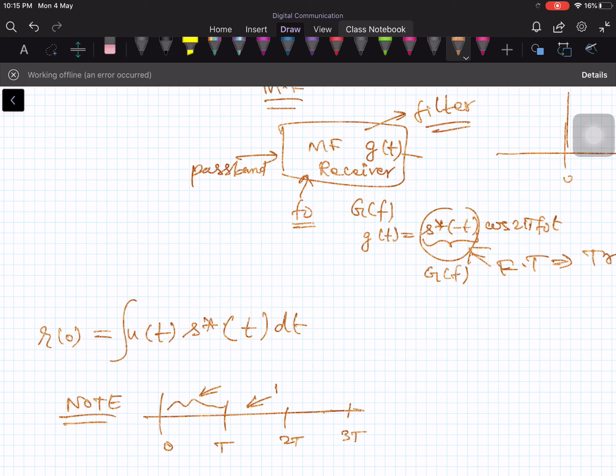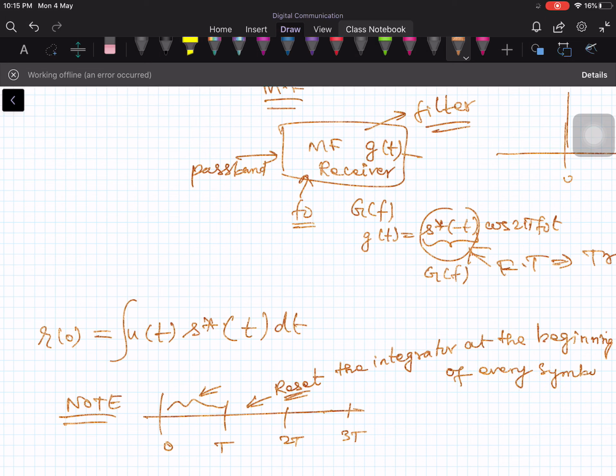That means reset the integrator at the beginning of every symbol duration.